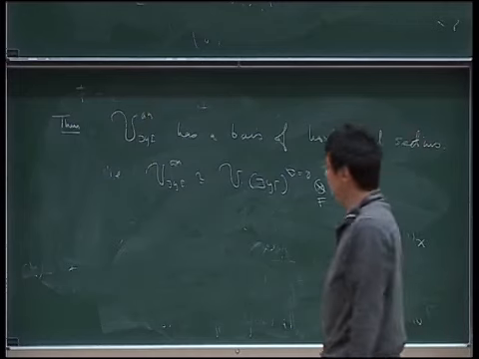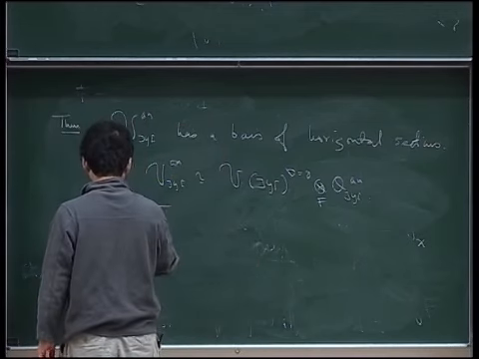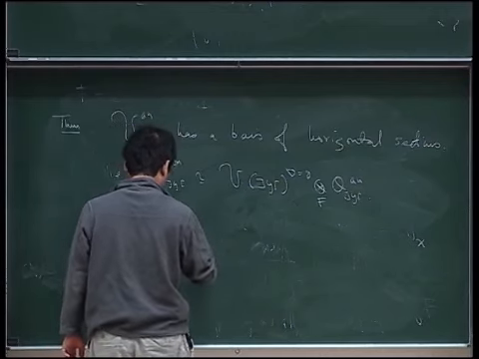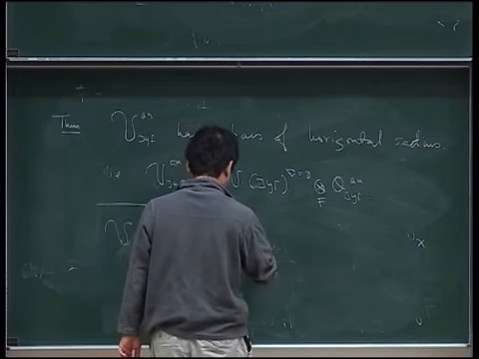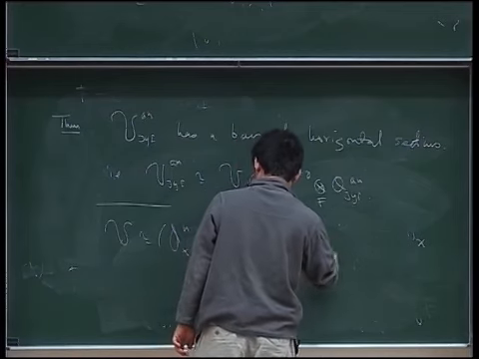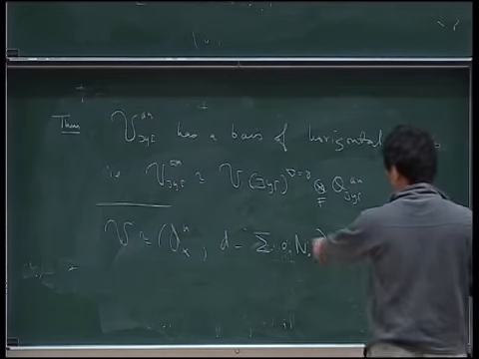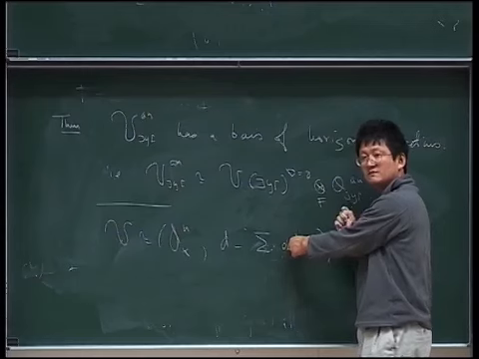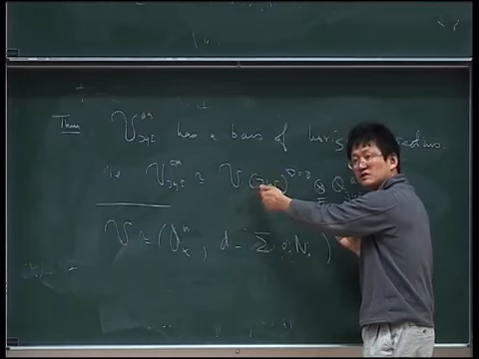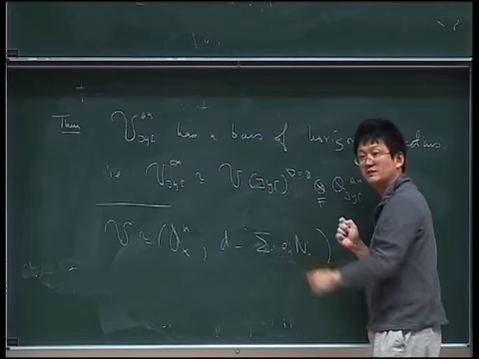So what's the idea? Remember, we can assume that V looks like O_X to the n together with the connection d minus the summation of alpha_i N_i. So remember this classification theorem, where these alpha_i are algebraic differential forms. And these guys themselves can be written in terms of a coordinate as a convergent power series on this disk. So that's one fact.